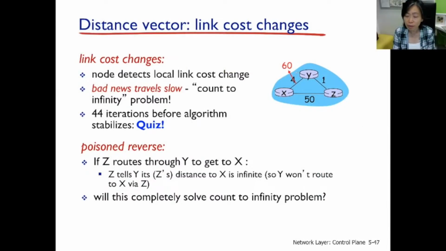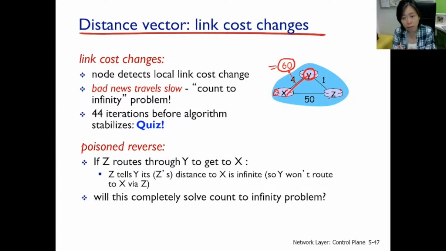The problem here is, right after the link cost change, when y is trying to recompute the best route to x, the Bellman-Ford algorithm says y needs to calculate the total cost through neighbor x and neighbor z. Through neighbor x, the best distance from x to x is 0, trivial, but the link cost is suddenly 60 just to get from y to x.